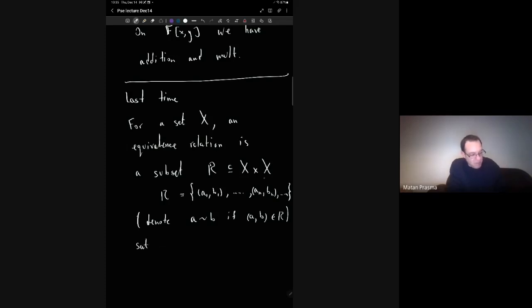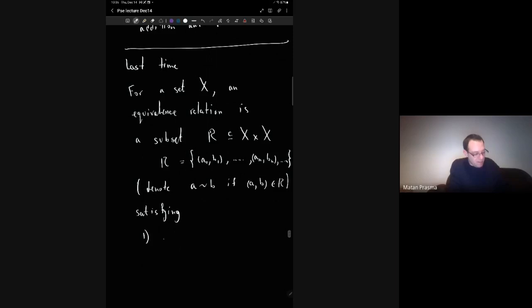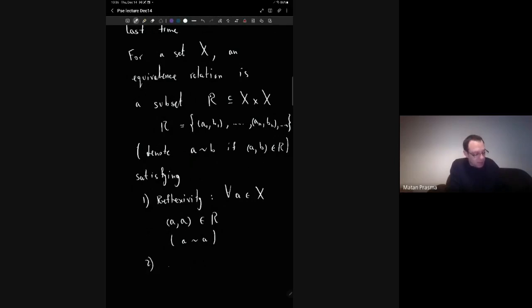And this subset of pairs is an equivalence relation if it satisfies, one, reflexivity, that is for any a, the pair (a, a) belongs to R, which is the same as saying A is always equivalent to A. The second condition is called symmetry.